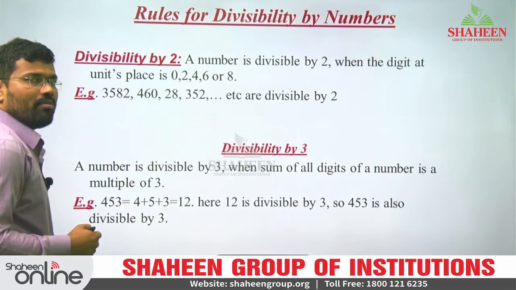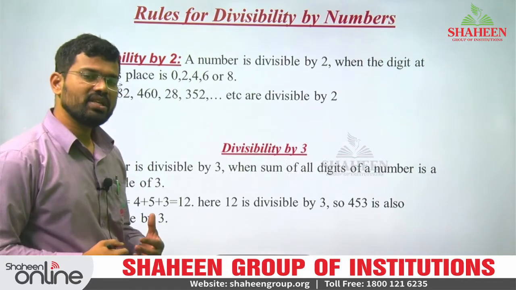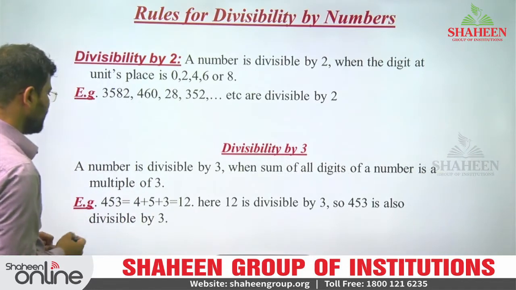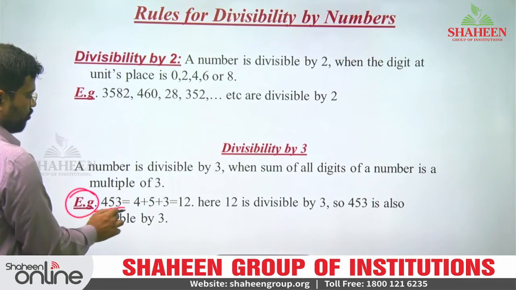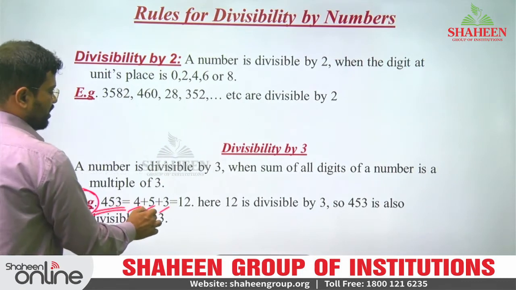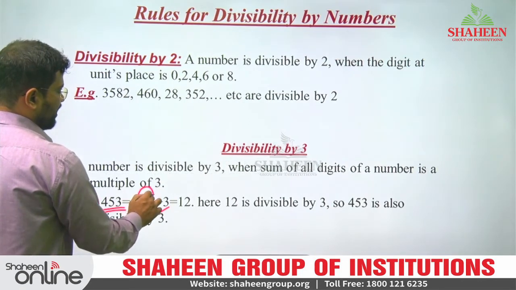Now when can we say a number is divisible by 3? Look at this example, 4 5 3. So 4 plus 5 plus 3: 4 plus 5 is 9, 9 plus 3 is 12.